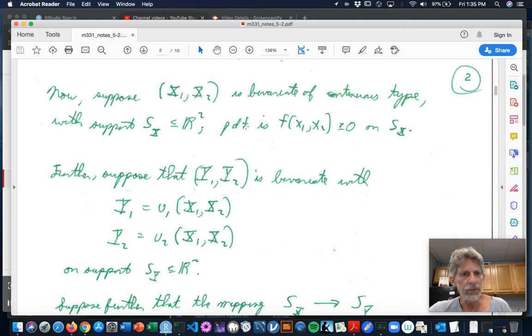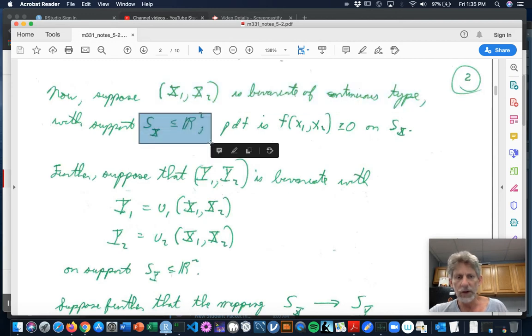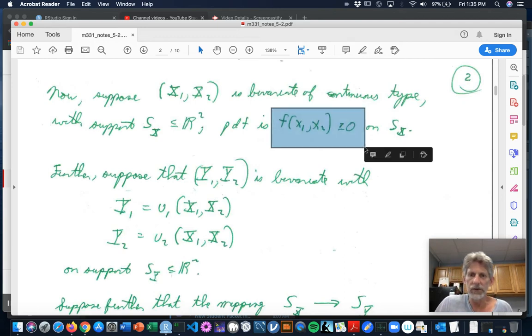So suppose that (X1, X2) is bivariate of continuous type, and let's say its support is some particular subset of R2 just called S sub X. X isn't really anything here, it's just because I'm too lazy to write down X1, X2, and the book is too. And let's say its PDF is little f of x1, x2 on that support.